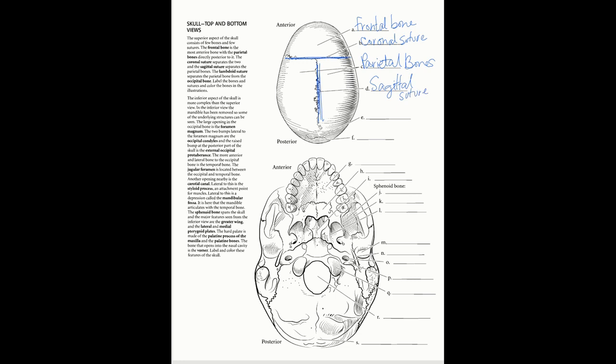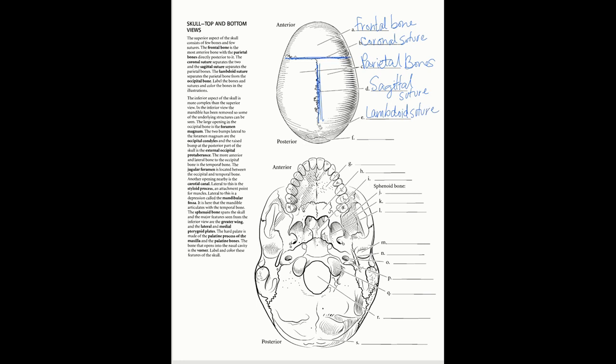And if you recall our directional term, sagittal means down the middle or separating left and right. These terms are definitely going to come back when we are dissecting. So refreshing those directional terms is beneficial. Moving right along, E is going to be our lambdoid suture.